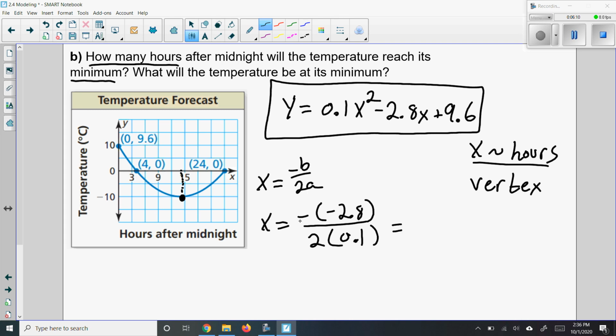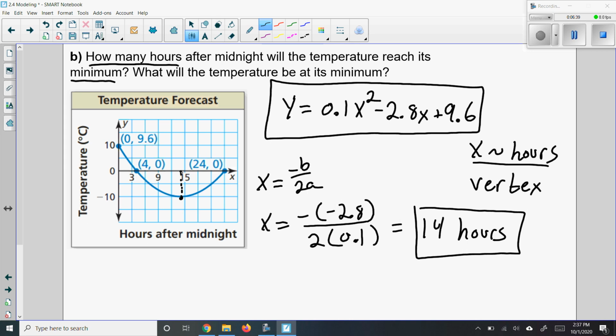So negative negative 2.8 divided by 2 times 0.1 is 14. 14 hours after midnight, the temperature will reach its minimum. And we can see from the graph that, in fact, this does appear to be about 14.